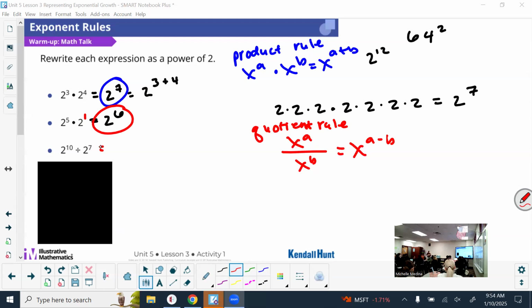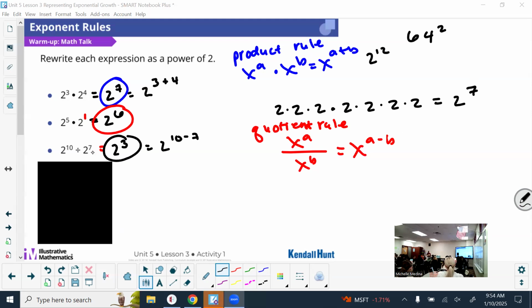We've written, Colton? 2 to the power of 3. Because we're doing 2 to the 10 minus 7. Why can we subtract the exponents?